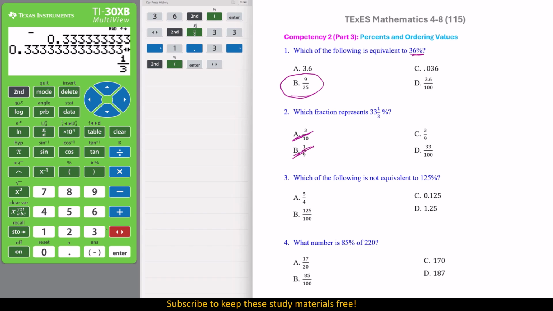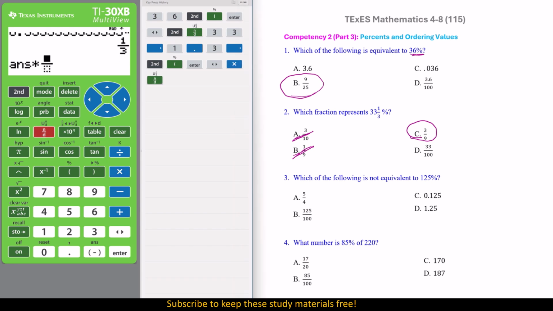Let's look at C. If we multiplied the numerator and the denominator of a third by 3, we would actually get 3/9. If you don't see that right away, I have 1/3 already in my calculator, so I'm going to say times fraction 3 over 3.